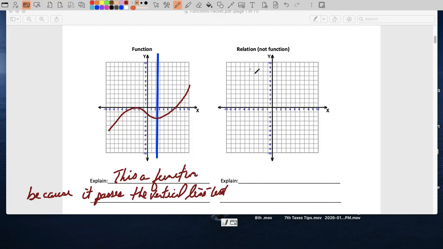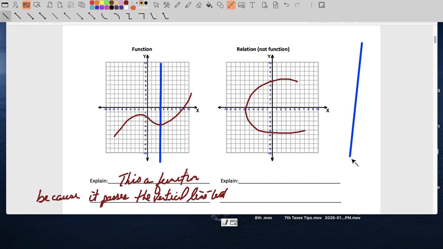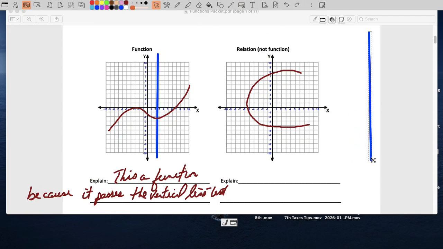Now, over here, I'm going to draw something that's not a function. And I'm going to take a vertical line again. And let me just fix this a little bit. It's a little too vertical for me. I take this line and bring it over.